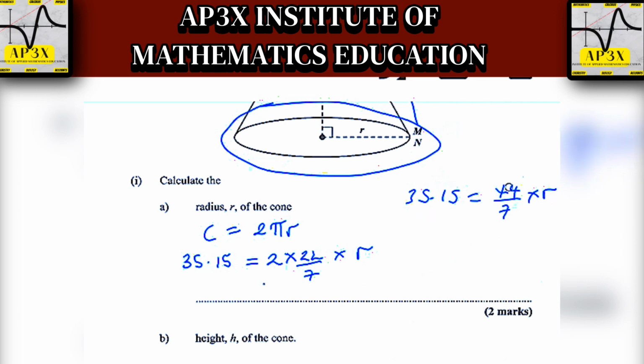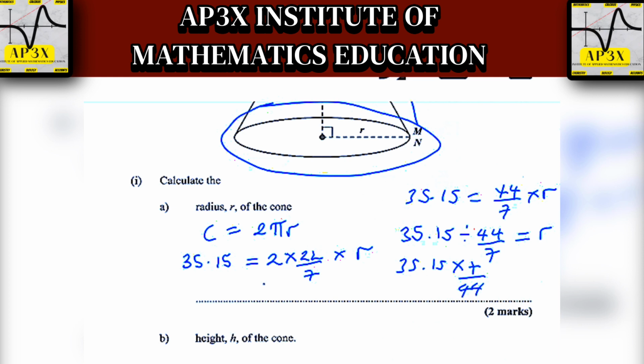So if we're going to isolate r, we can divide both sides by 44 over 7. So that's 35.15 divided by 44 over 7, and that's going to be equal to r. All right, and so of course 35.15 multiplied by 7 over 44.